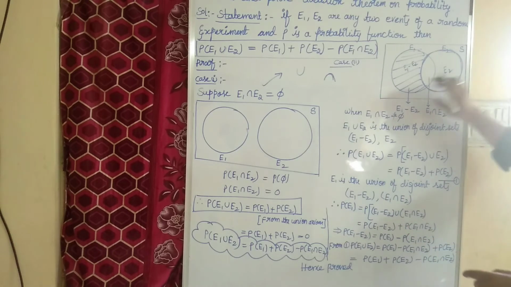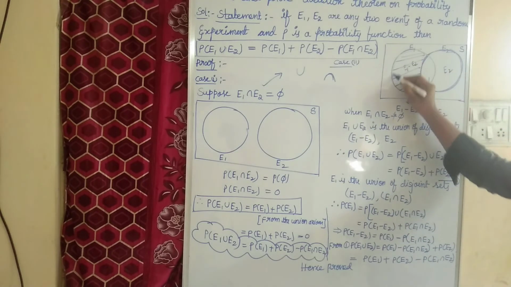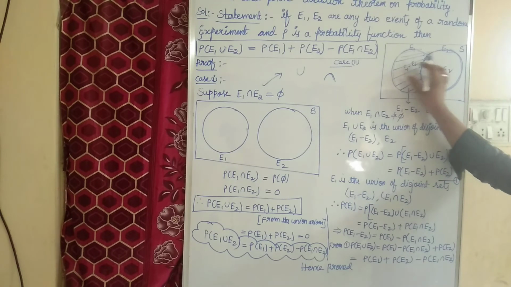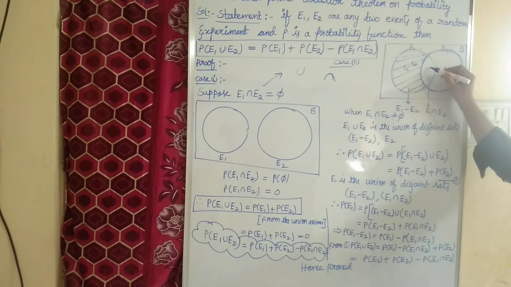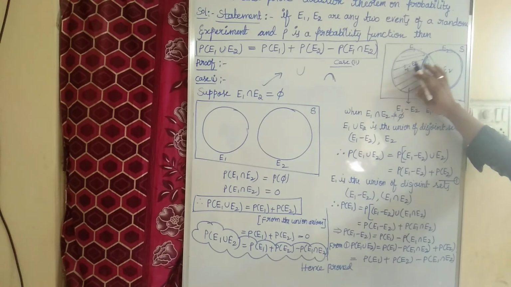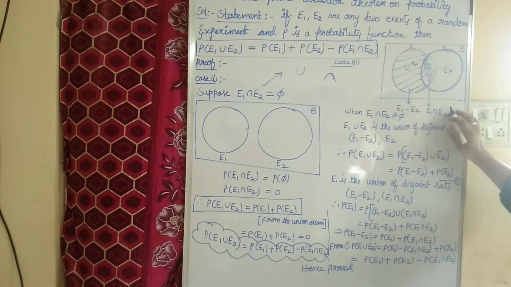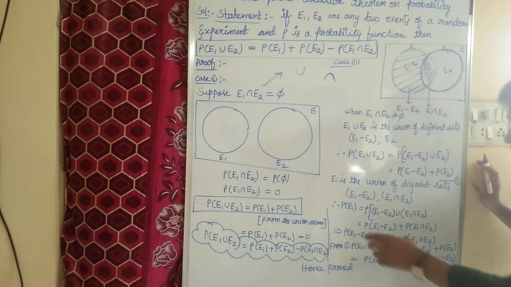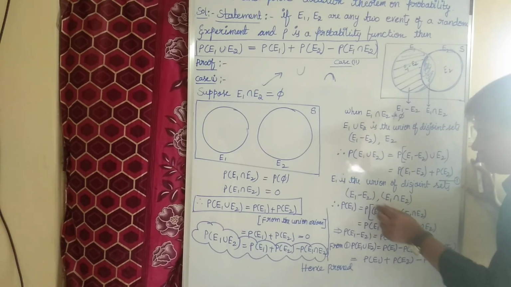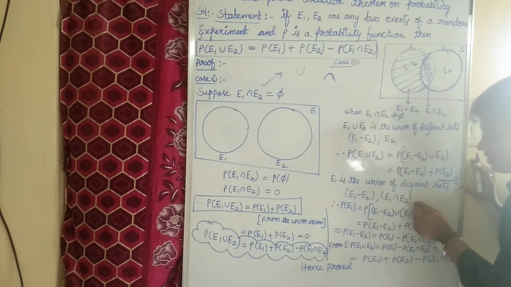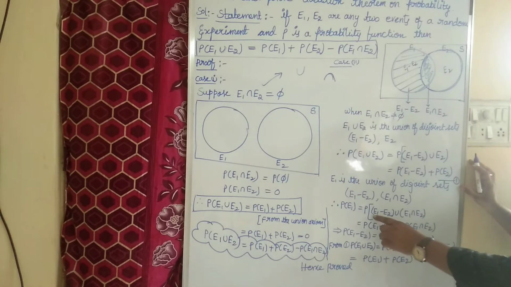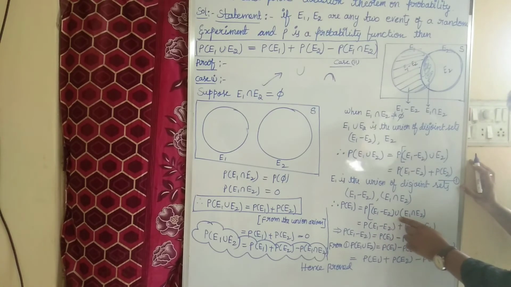E1 is the union of disjoint sets E1 minus E2 and E1 intersection E2. This part as well as this part, right? E1 minus E2 union E1 intersection E2. So P of E1, from the union axiom, is P of E1 minus E2 plus P of E1 intersection E2, right?